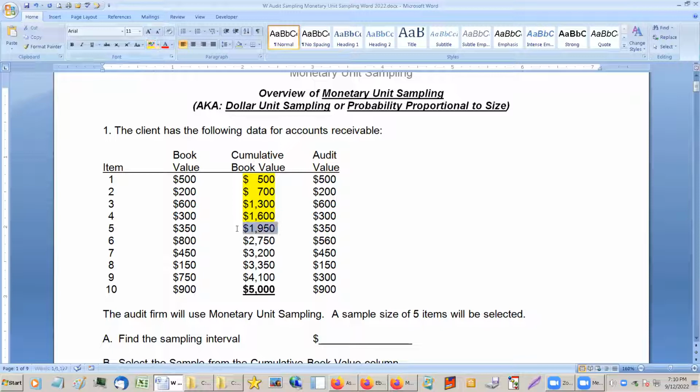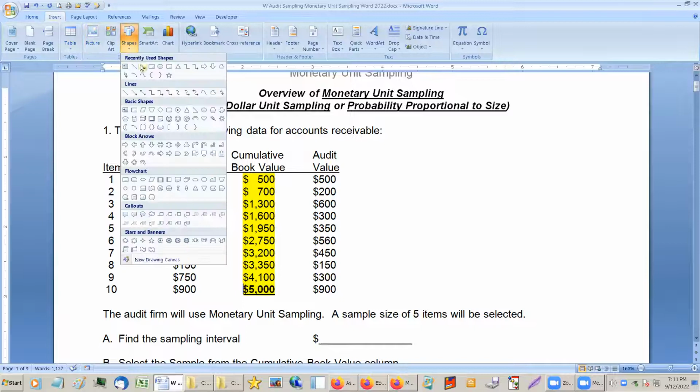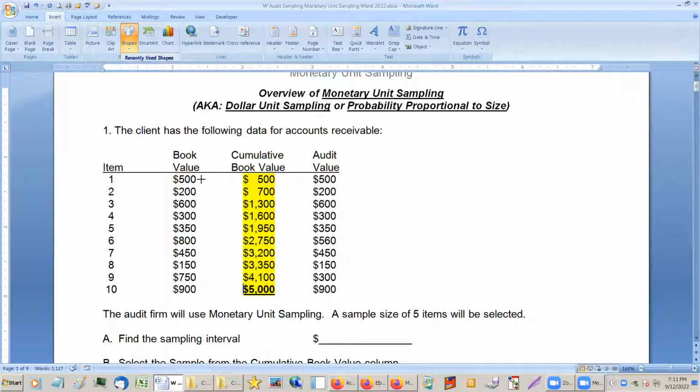So what we're going to look at is this cumulative row here. The cumulative row is just all of the items in the population added up. So for instance, the first one is just 500.